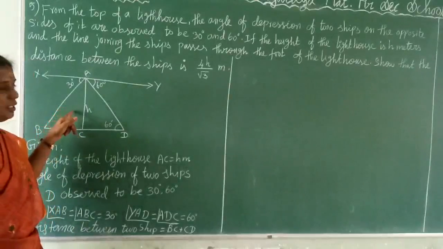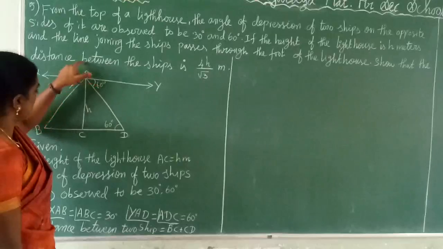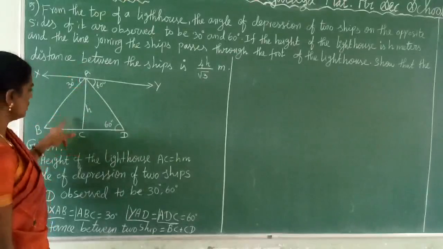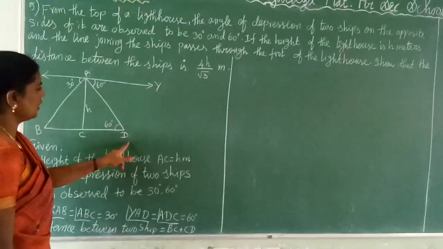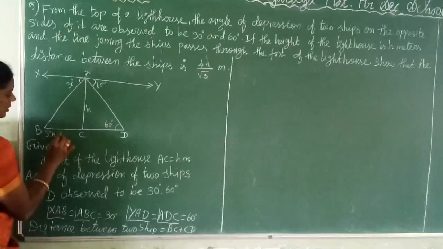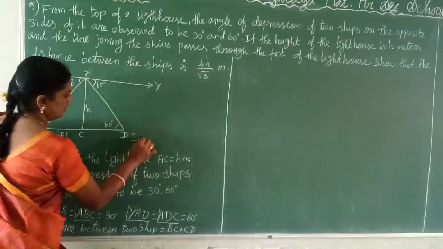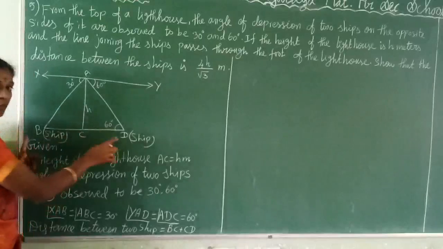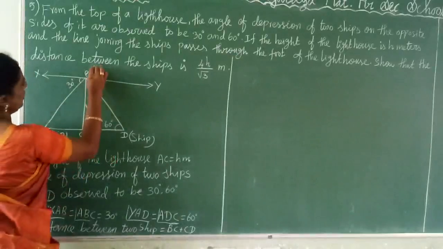Have you understood this question? Here AC is the lighthouse. B and D are the ships, one ship on each side, opposite to each other. This one, A, is the lighthouse.